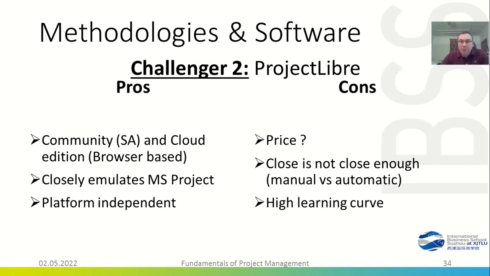Now, I'm putting down their price because while the community edition is free, basically free open source software, you are paying a price by the high learning curve. You need to adapt and change your working style when you are coming from MS Project and start to use Project Libra. And that can be a con for using Project Libra.